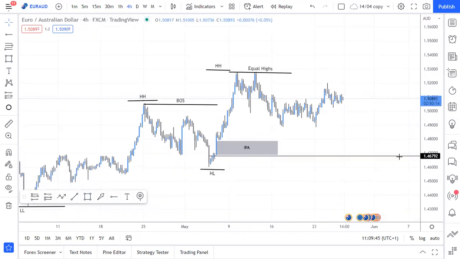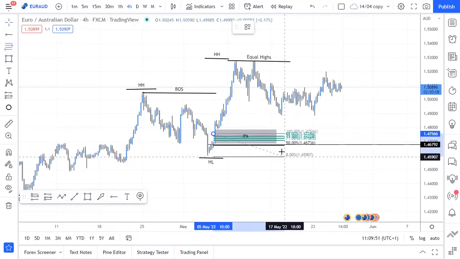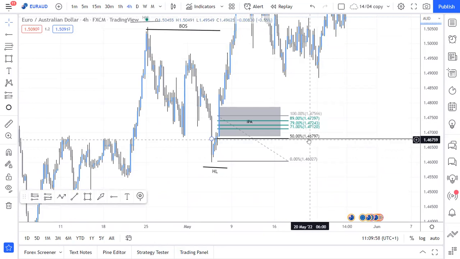And when we've got big down candles like this, we can look at 50% of the candle to be tested, which, as you can see, is bang on our 89%.